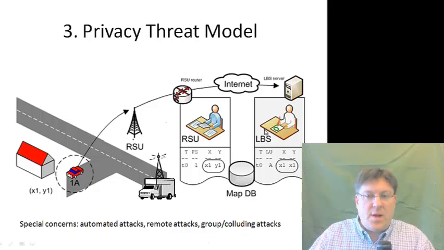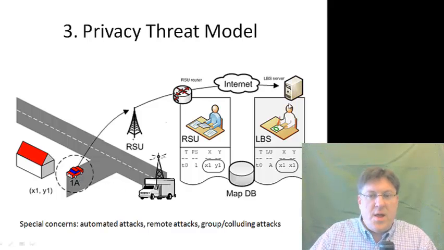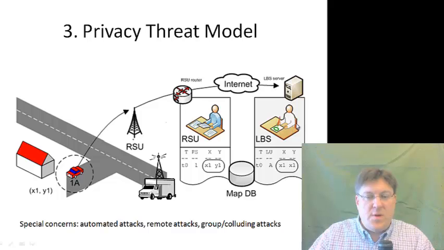And then last but not least, if the vehicle is using a location-based service, then the location-based service administrator, the LBS administrator, might be able to use a map database to identify what the address is that the vehicle is transmitting from, or might just know the specific queries the vehicle makes about what it's looking for.